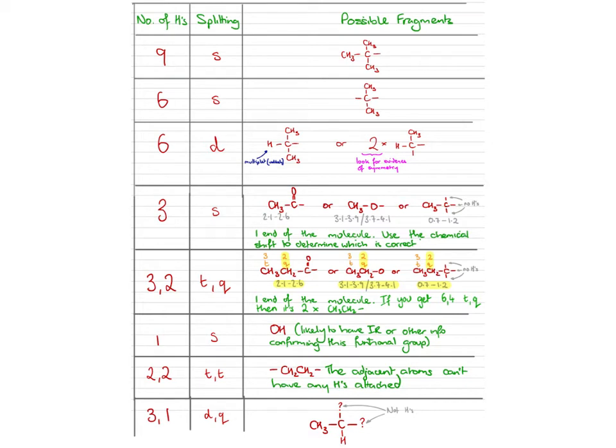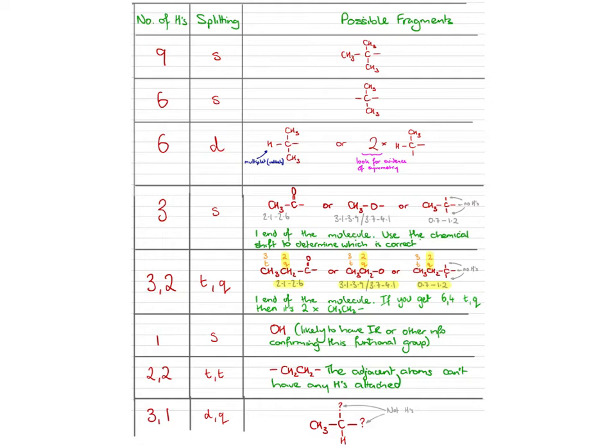And then finally, I just want to go back to the triplet quartet one. Sometimes you will get a triplet and a quartet, but when you look at the integration values or the number of hydrogens, you discover it's actually 6 and 4, and that can throw you. But the thing to take from that is it almost certainly means that there are actually two ethyl groups.